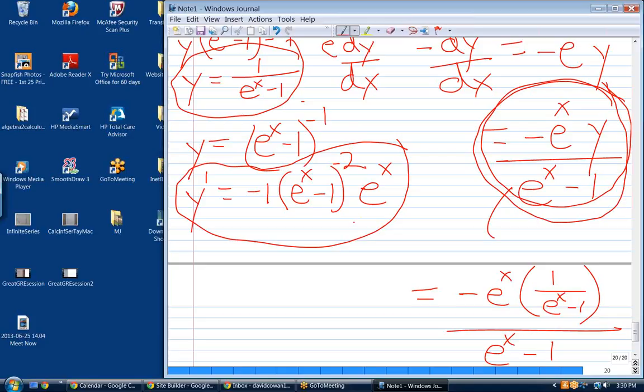So what I'm saying is that those two are equal. This was determined from explicit differentiation. This was determined from implicit differentiation, which I then went back and substituted what y was equal to get it as 100% a function of x.